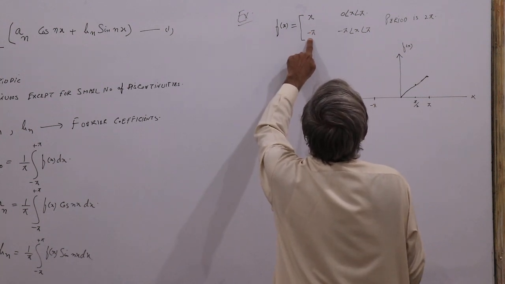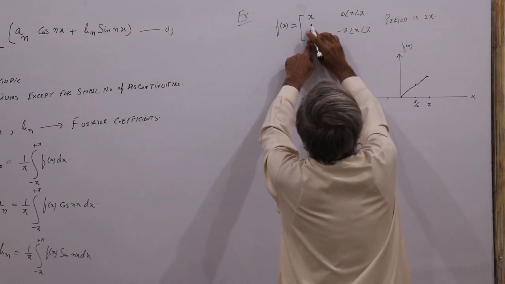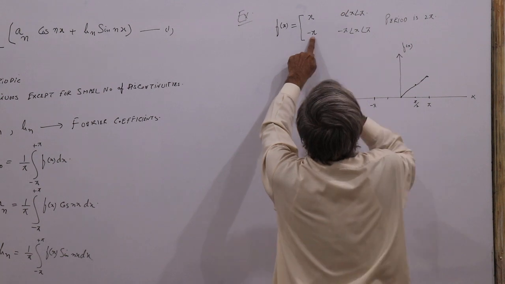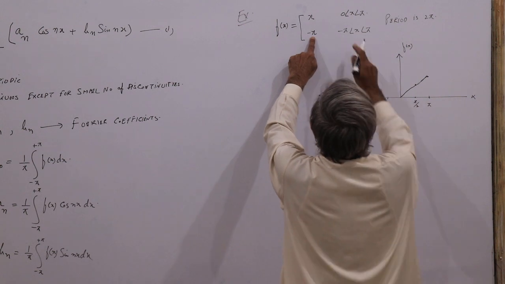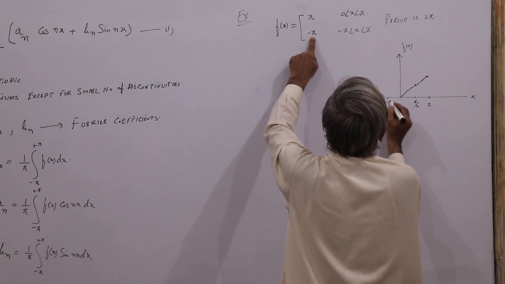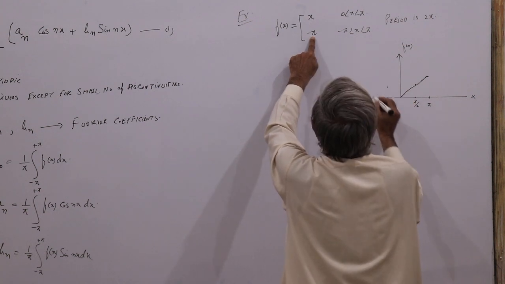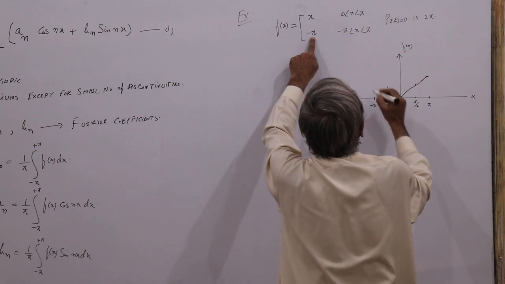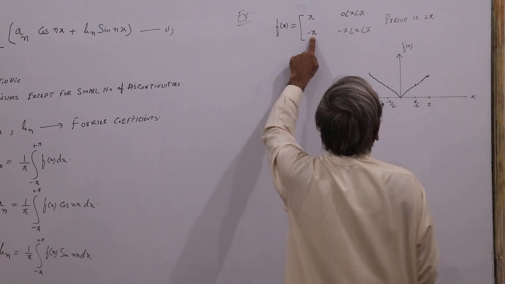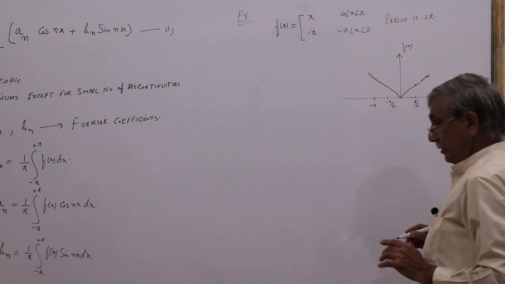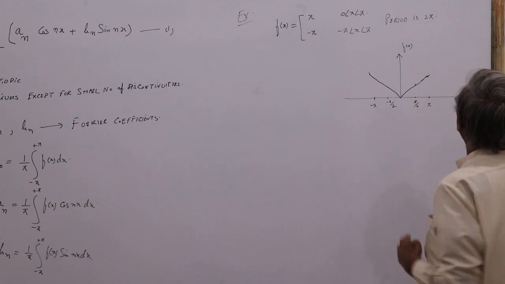In the other interval, this is minus x. When x is 0, f(x) is 0. When x is minus pi by 2, it is plus pi by 2. When it is minus pi, it is plus pi, and the graph is like that. Now we have plotted the graph of the function in the period 2 pi.